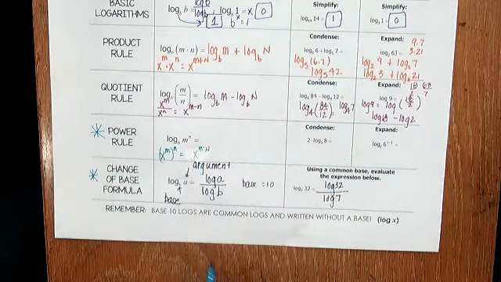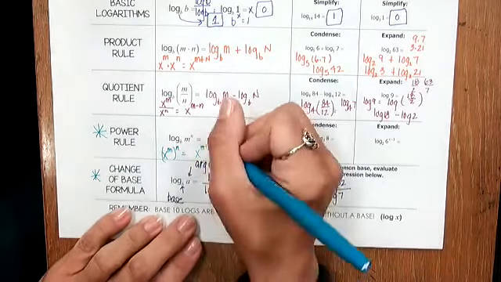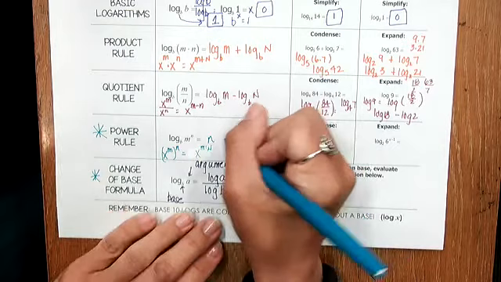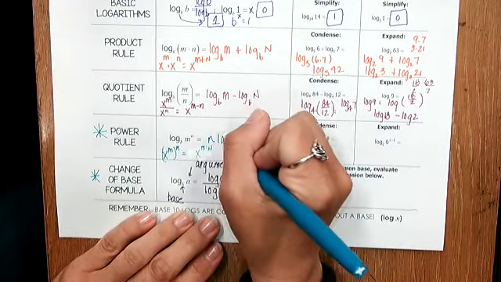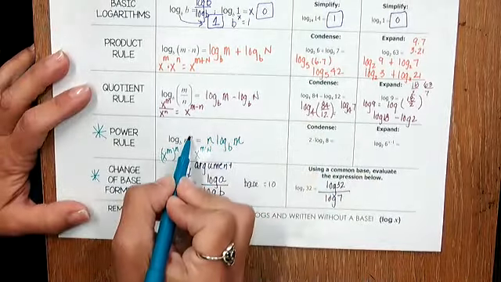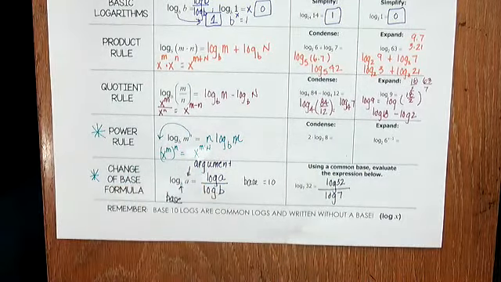You multiply the exponents. Well, guess what? A log is an exponent. N is an exponent. You multiply them. So the n comes down in front. Took the n and I brought it down in front.